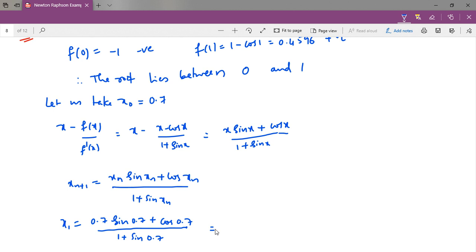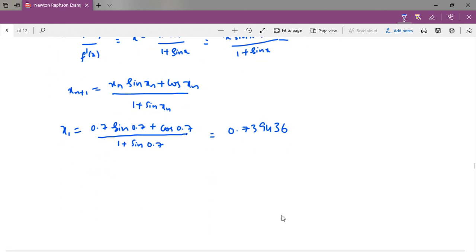Keep the calculator in radian mode, because we are using sin and cos. So the value is 0.73943, okay, 6.